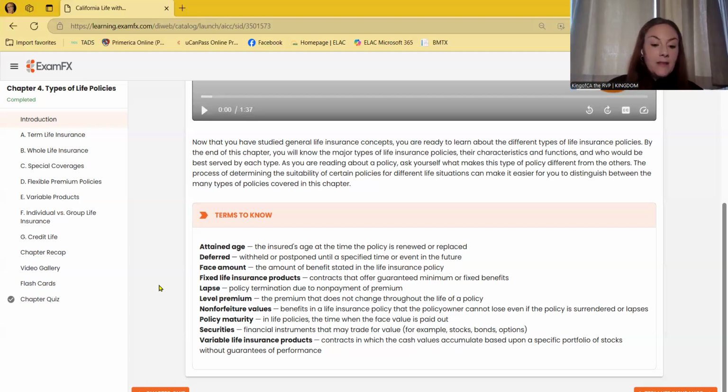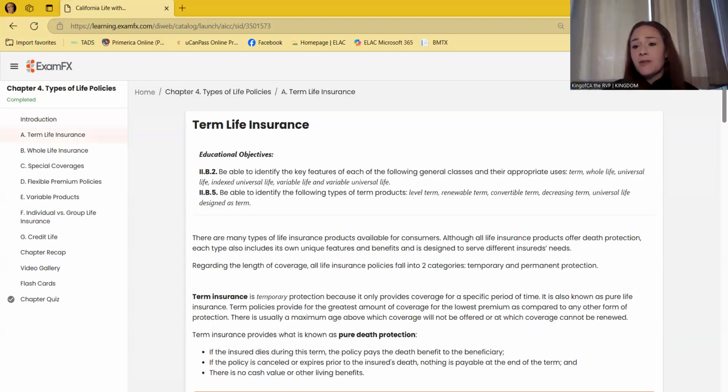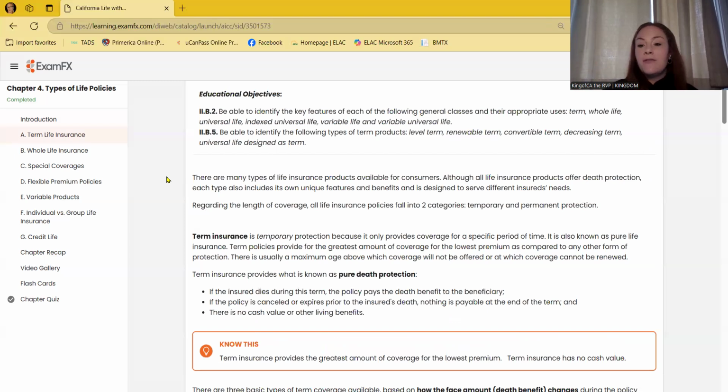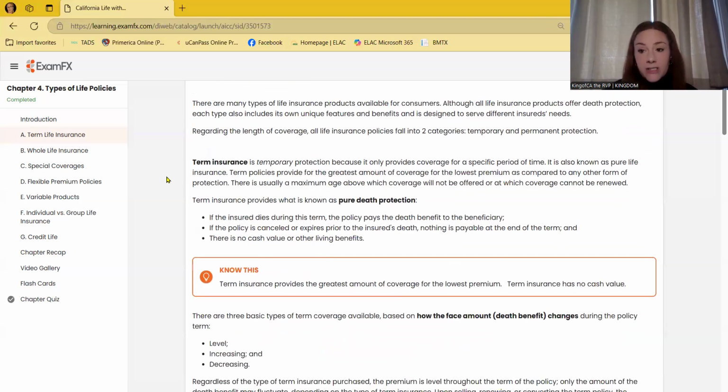Okay. All right, next. So the first type of insurance that we're going to be going over is term life insurance. Term life insurance is what we mainly work with, at least us personally, right? So we need to be able to understand what term life insurance is, and there are different types of term life insurance. Okay, there are several types of term.